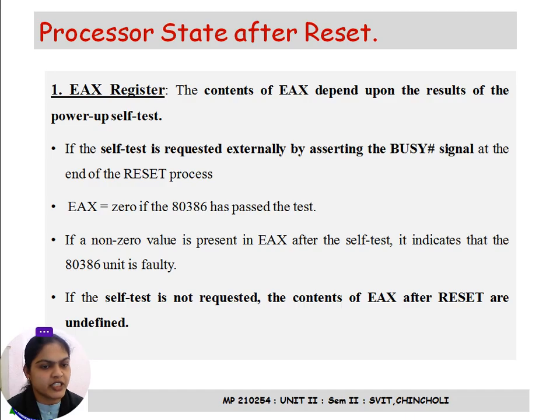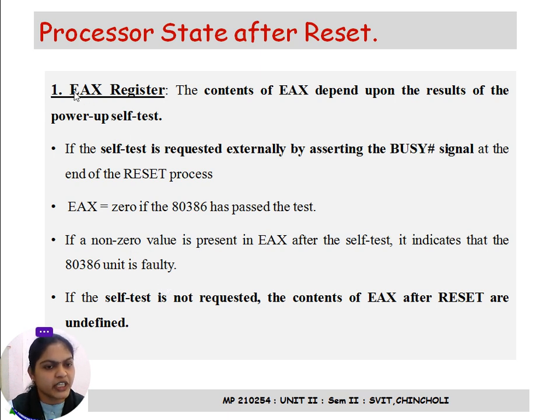E stands for extended, so EAX is the extended AX register, which is nothing but a 32-bit general purpose register. If EAX contains 0, it means the 80386 passed our self test, it is okay and working well. If EAX contains a non-zero value, it means the 80386 unit is faulty.